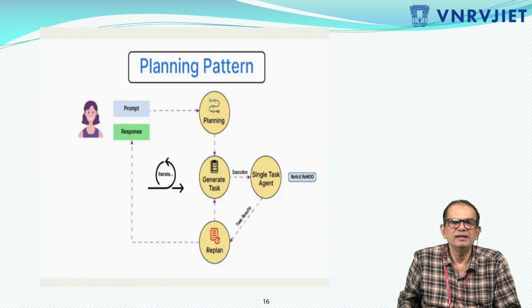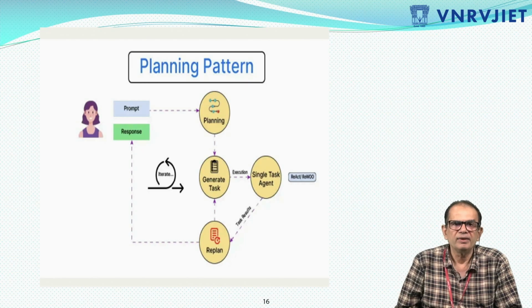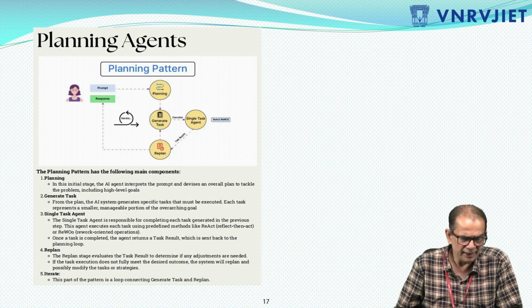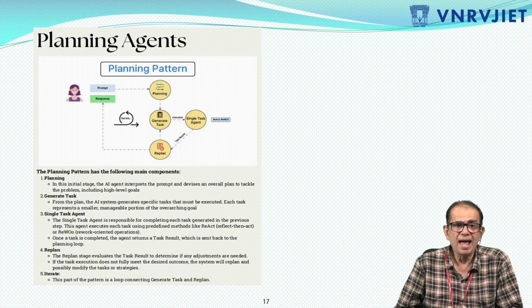Now, the planning pattern we have to discuss in a little more detail. In this pattern, we give a prompt, planning is done, the task is generated, and subsequently it gives the result to us. If not, we have to replan and ensure that the task is done. How do these planning agents work? They first plan: a typical big task is decomposed into smaller tasks, and subsequently planning is done.